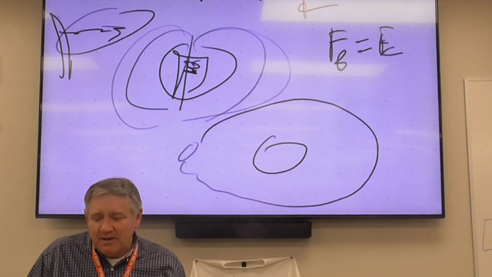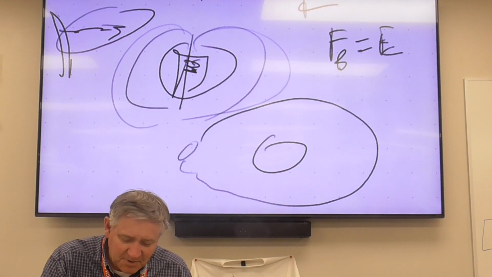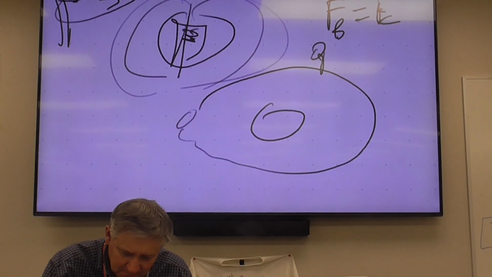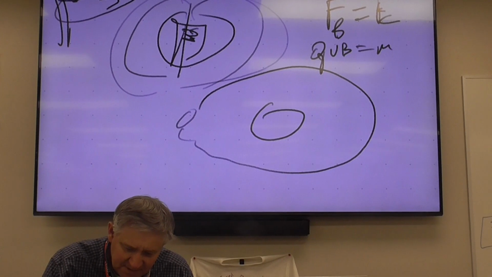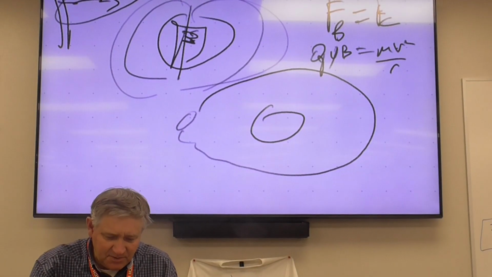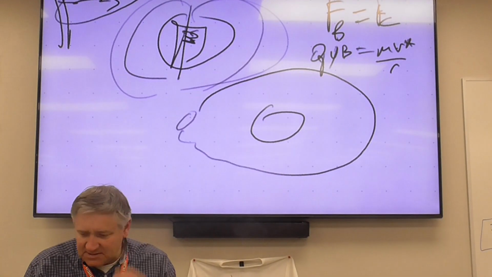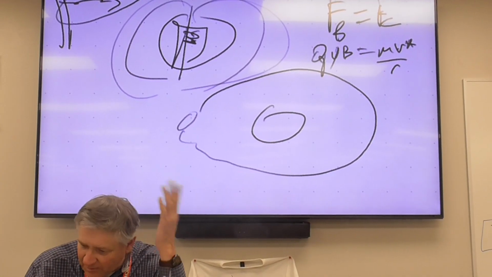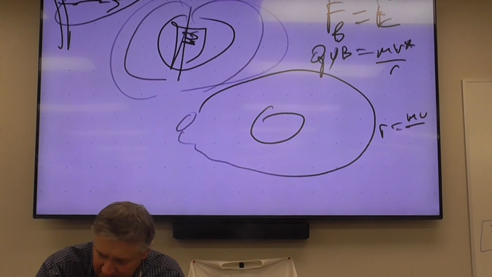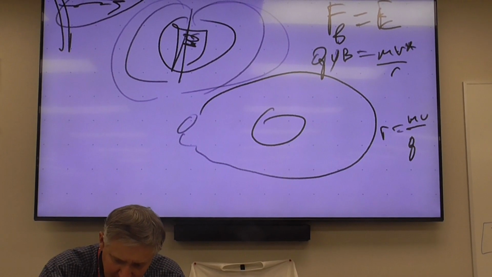With respect to Earth. So, on this one, you're going to set the QVB equal to the MV squared over R. The velocities, you're going to cancel out one of the velocities. In this case, you want to solve for R. And so you get R equals mv over qB.